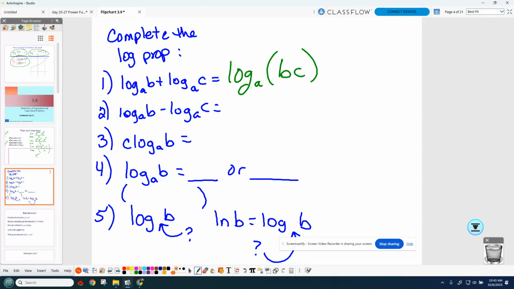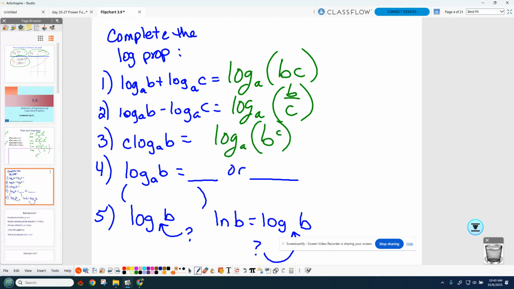So Felipe, what is subtraction? Division inside. What can I do with that exponent? You can raise b to the power of c, so it comes in as an exponent on the little argument in there.